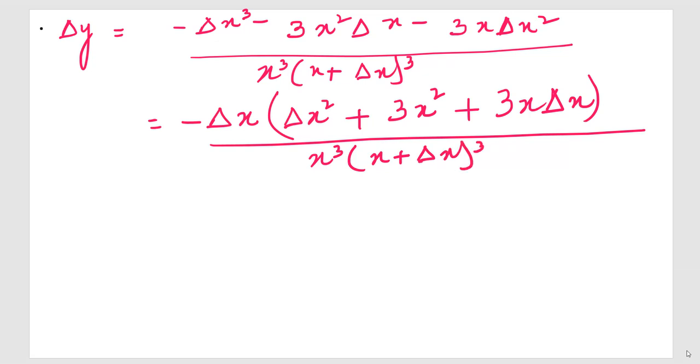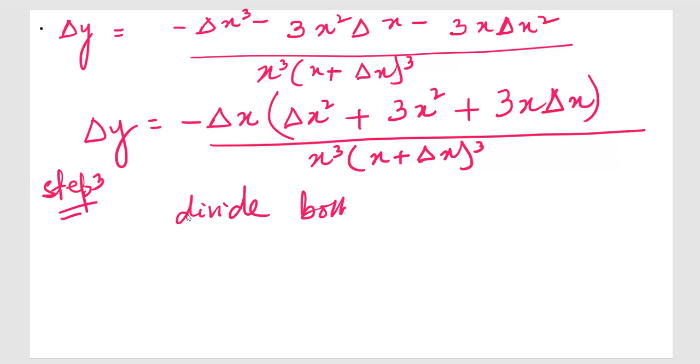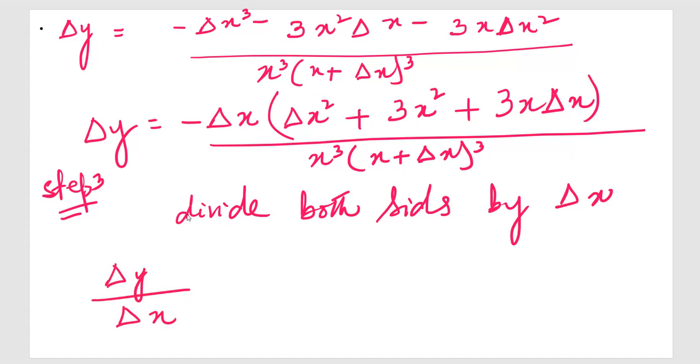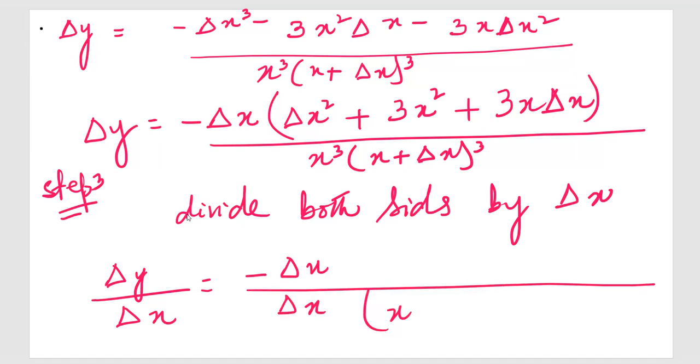Okay, now is our third step, step number 3. In step number 3 we have to divide both sides by delta x. So here we have delta y over delta x, which is equal to minus delta x over delta x. In the denominator we have x cube into (x plus delta x) whole cube.